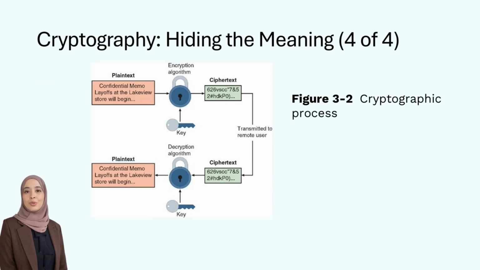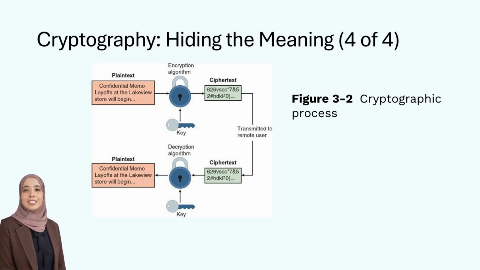Let's take a closer look at how cryptography works to hide the meaning of a message. Imagine you have a confidential memo, which is plain text, the original readable message. To keep it safe, we use an encryption algorithm, which is like a secret formula that scrambles the message into ciphertext, turning it into something unreadable.